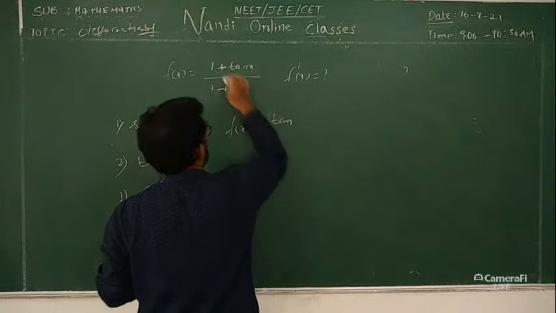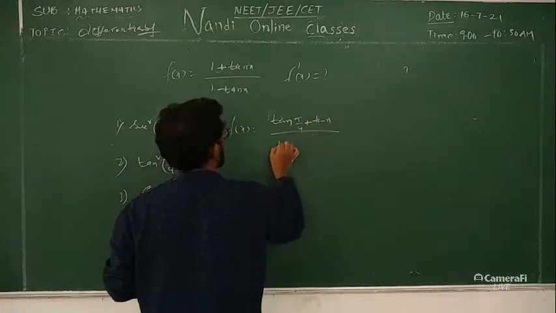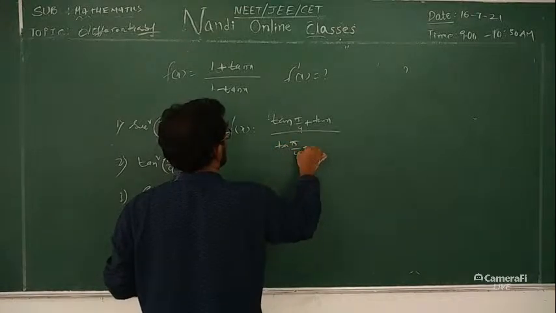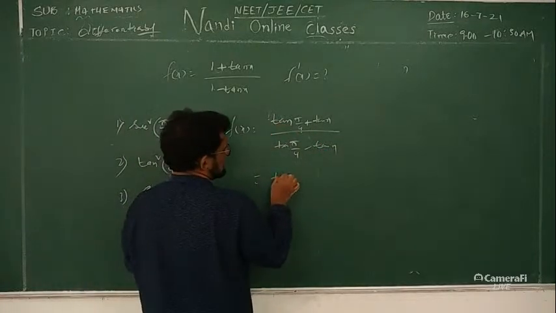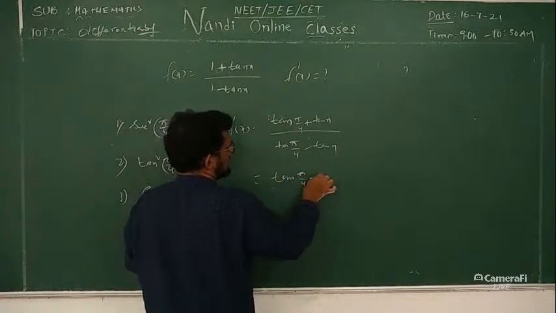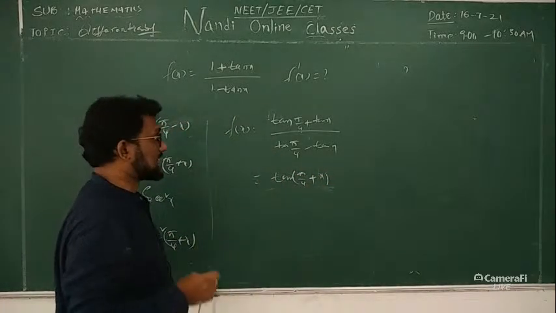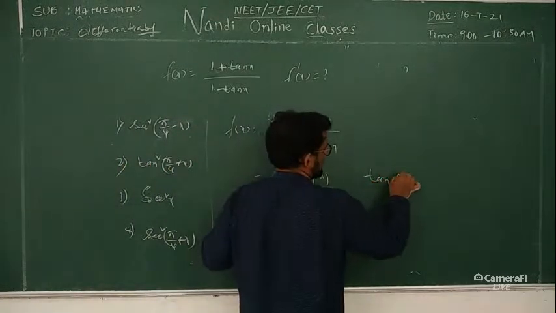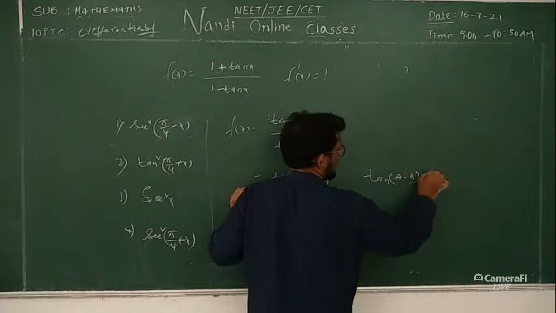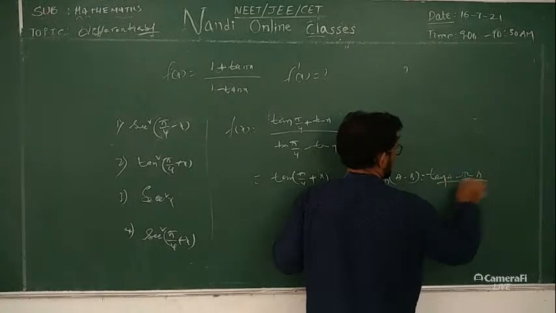Tan 1 can be written as tan pi by 4, so (tan pi by 4 plus tan x) by (tan pi by 4 minus tan x) can be written as tan of (pi by 4 plus x). This is the tan a plus b formula: (tan a plus tan b) by (1 minus tan a tan b).